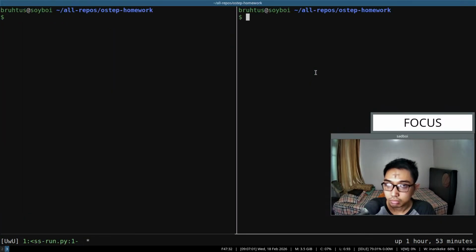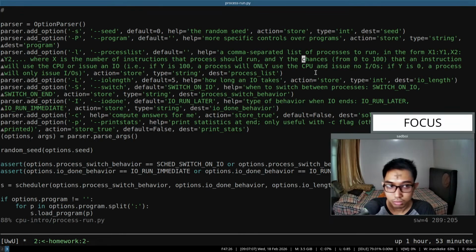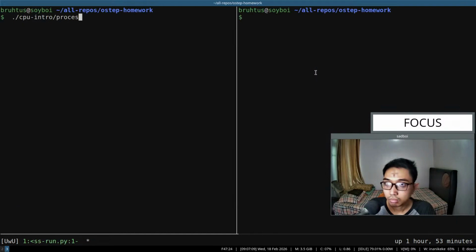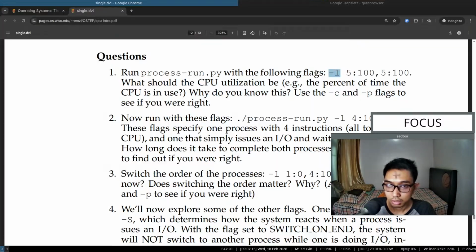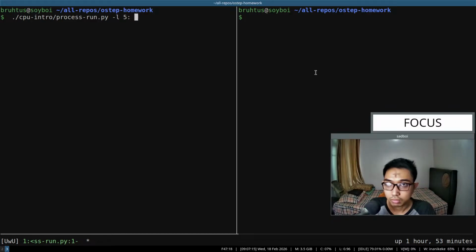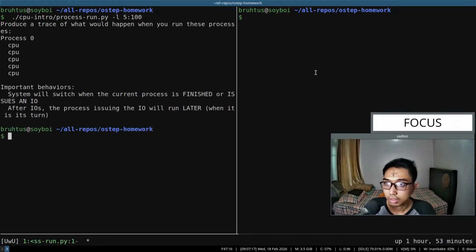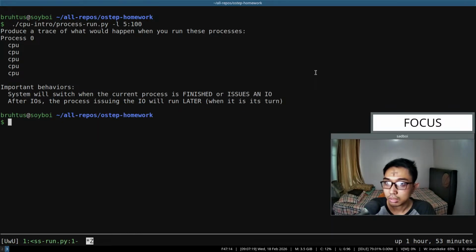This makes me curious. CPU intro, process run, I think, okay, 100, okay.